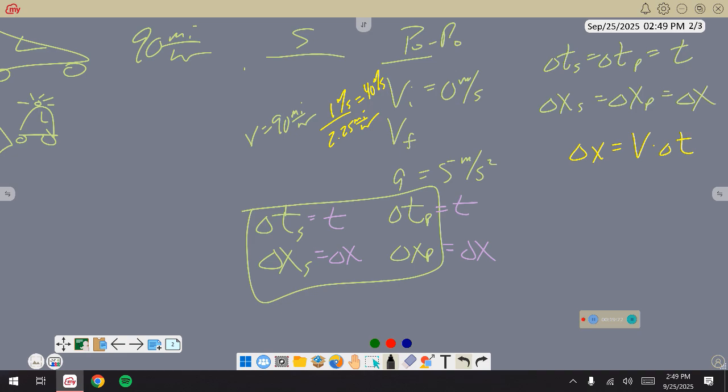So let's go ahead and plug in numbers. And the other thing that we're going to plug in is the actual variables in question. In this particular case, my displacement is, well, I just called it delta x. What's my velocity? 40 meters per second. And we call delta t, t.